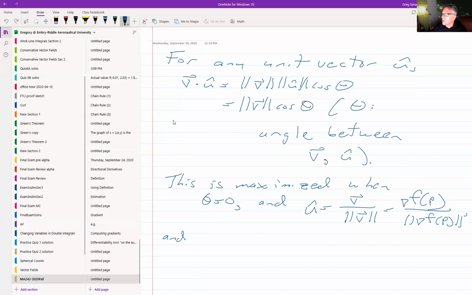And when theta is 0, the dot product is the length of v. So the gradient has the direction of the maximal directional derivative, and its length is that directional derivative.